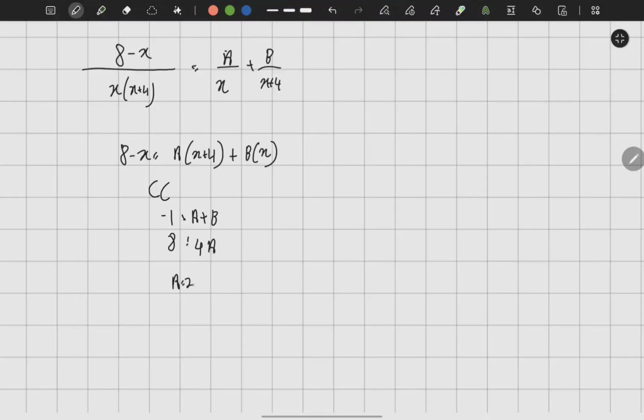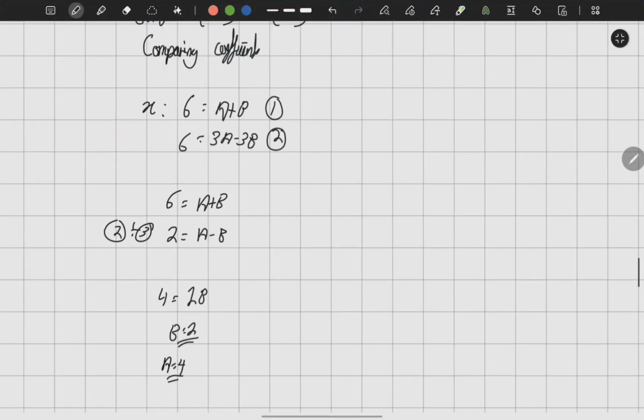So our a would just end up being 2, and our b would end up being minus 3, I believe, because 2 minus 3 would make a negative 1. Yep. So you sub those back in and you would get the right answer.